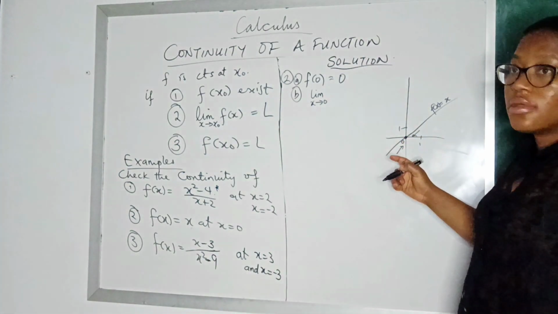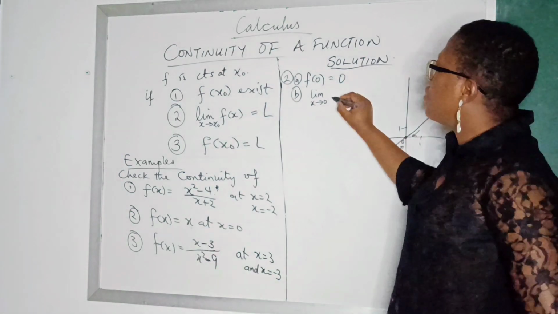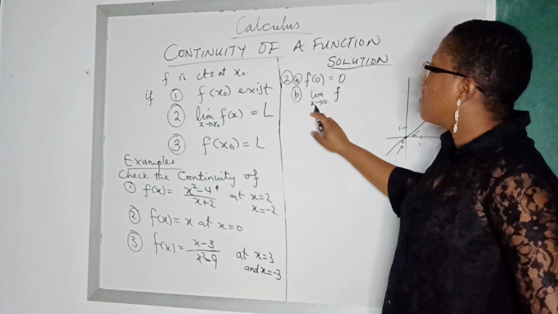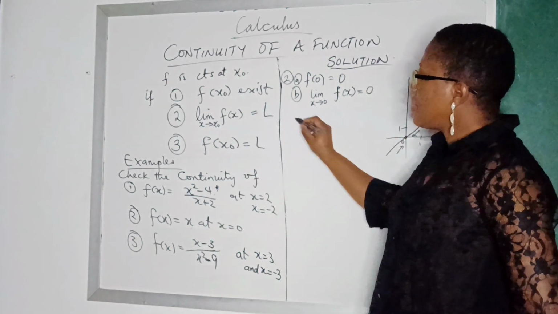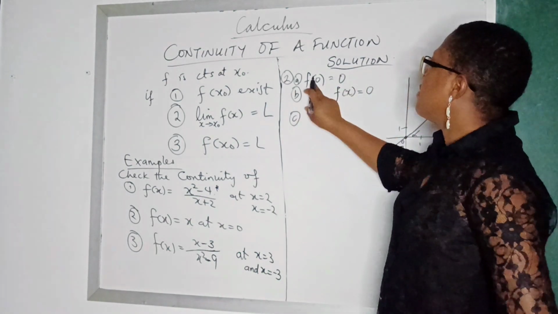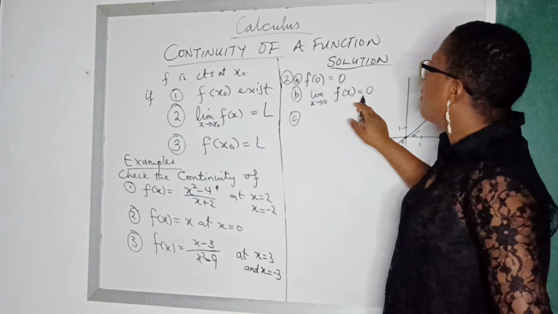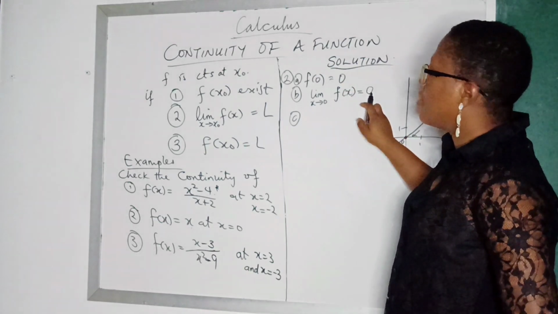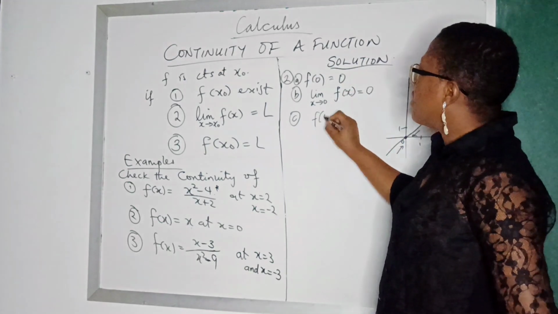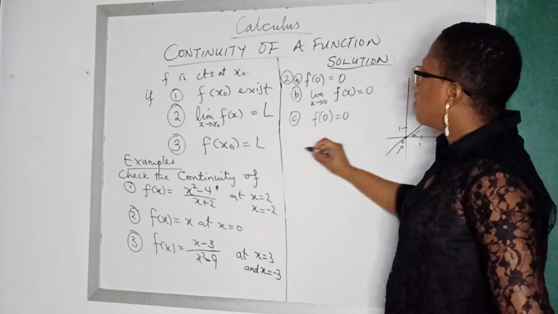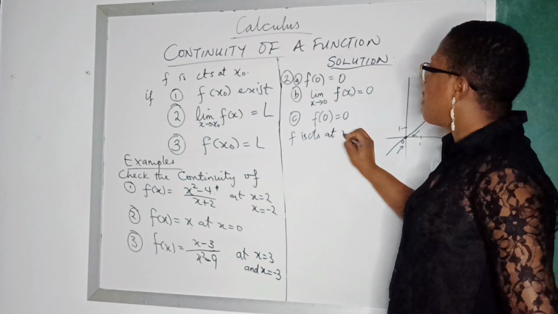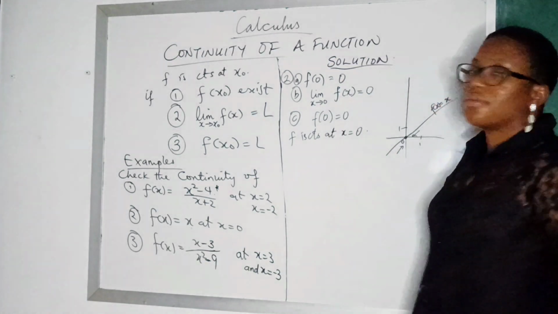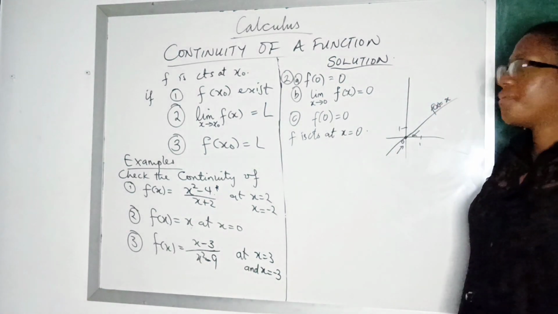Do you understand? So I don't want to stress myself. I know that the limit as x approaches 0 of f of x is 0. And then for the last one, since f of 0 is 0, and that is what the limit is, I can see that f is continuous at x equals 0. Is that clear? Yes, very good.